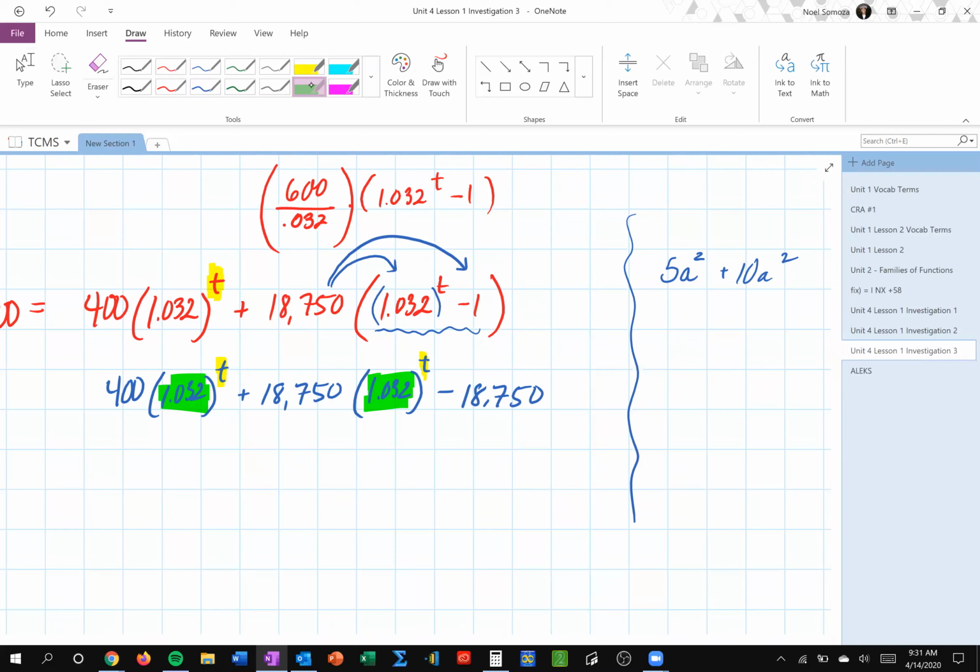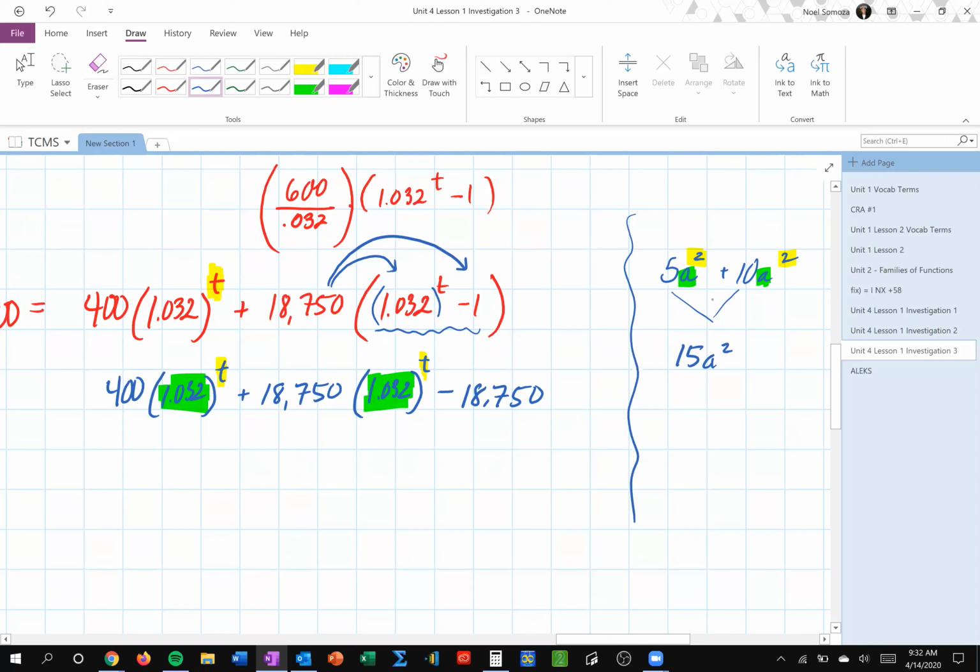When you have the same base, which we would have here, and you have the same power, which we do here, what are you allowed to do? How can we combine these expressions into one? You see how we could take these coefficients, 5 and 10, and add them up? And you would get 15a squared.